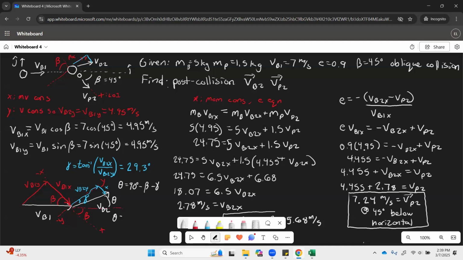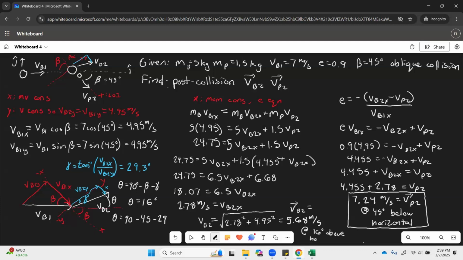So theta equals 90 minus the 45 minus that 29.3, and that gives us theta equals 16 degrees. So finally, our final VB2 equals 5.68 meters per second at 16 degrees above the horizontal.